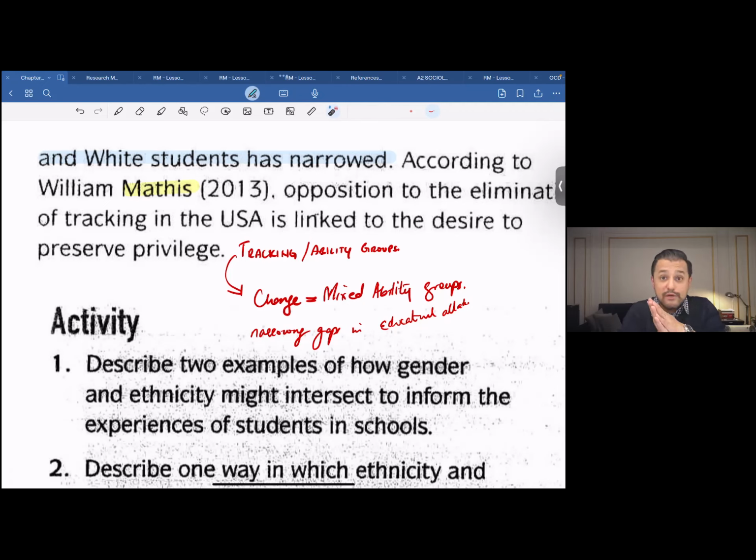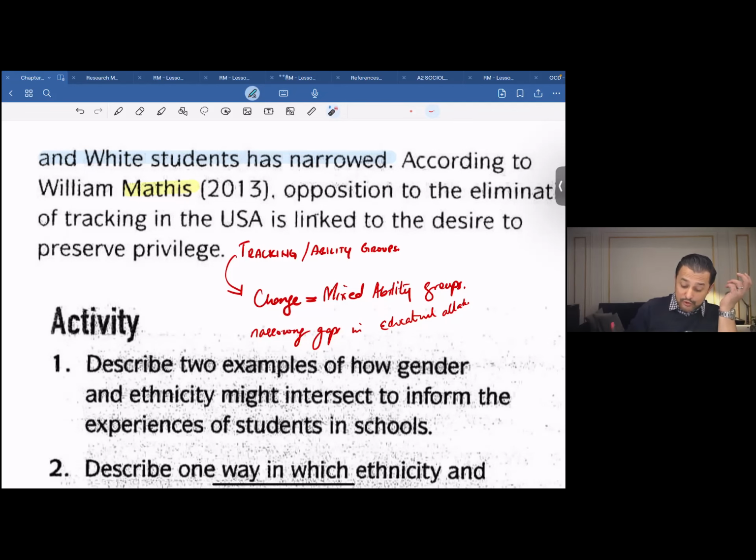There shouldn't really be a difference in educational performance on the basis of your ethnic origin. In fact, there shouldn't be any difference in educational performance based on anything else but academics.